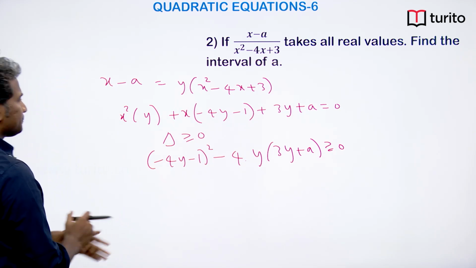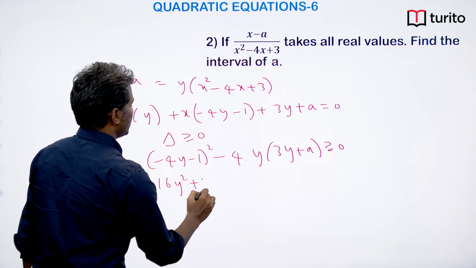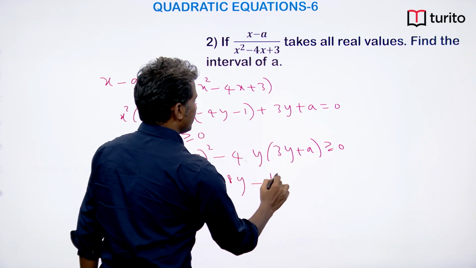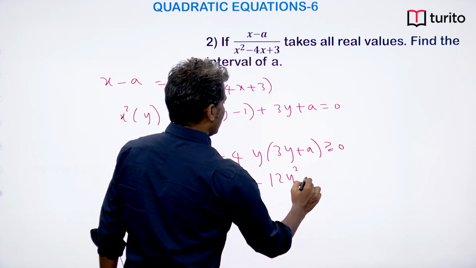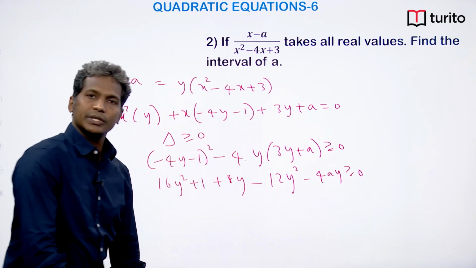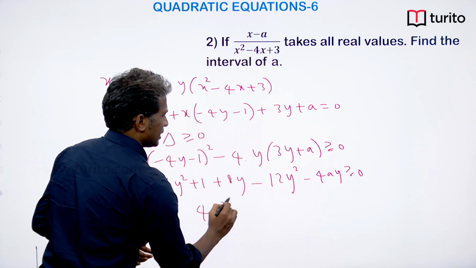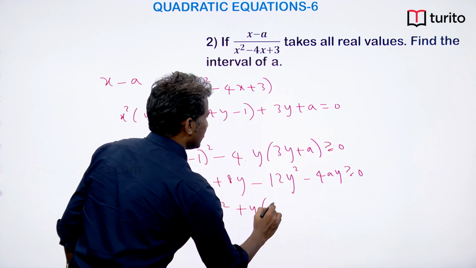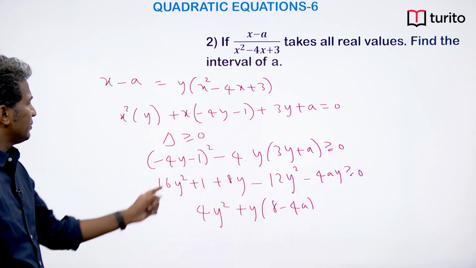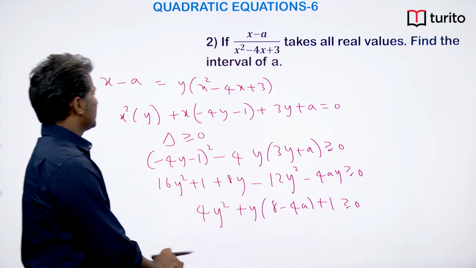Here there is 16y square plus 1 plus 8y, and here 4 into 3 is 12, minus 12y square minus 4ay. This must be greater than or equal to 0. Further, if I simplify, I get 4y square, and if I take y common, I get 8 minus 4a. And the constant term here is only one, which is 1. This must be greater than or equal to 0.